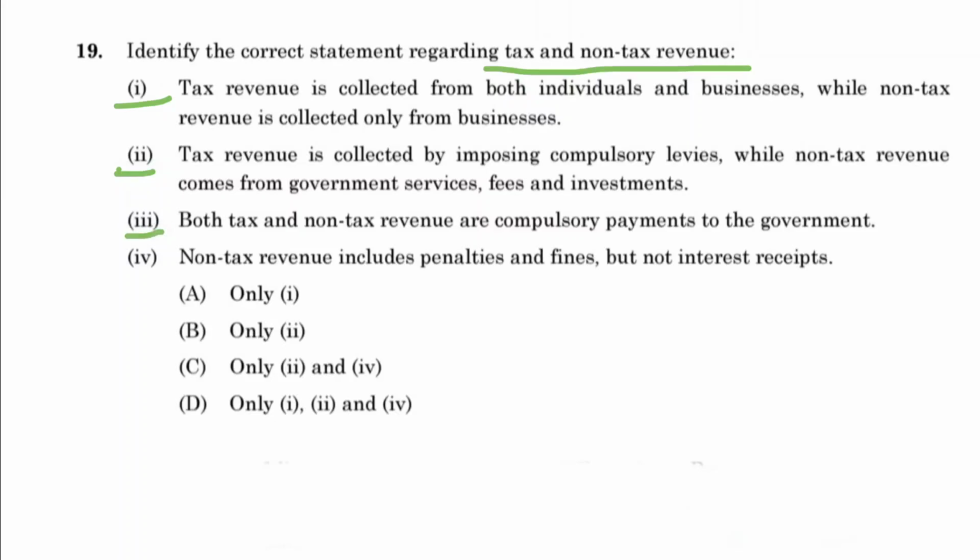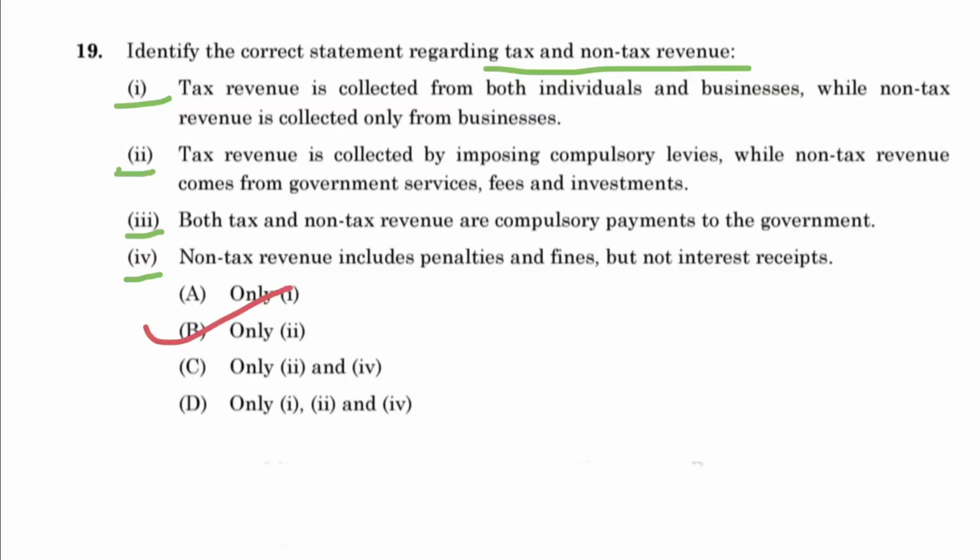Both tax and non-tax revenue are compulsory payments to the government. 4. Non-tax revenue includes penalties and fines but not interest receipts. A. Only 1. B. Only 2. C. Only 2 and 4. D. Only 1, 2 and 4.